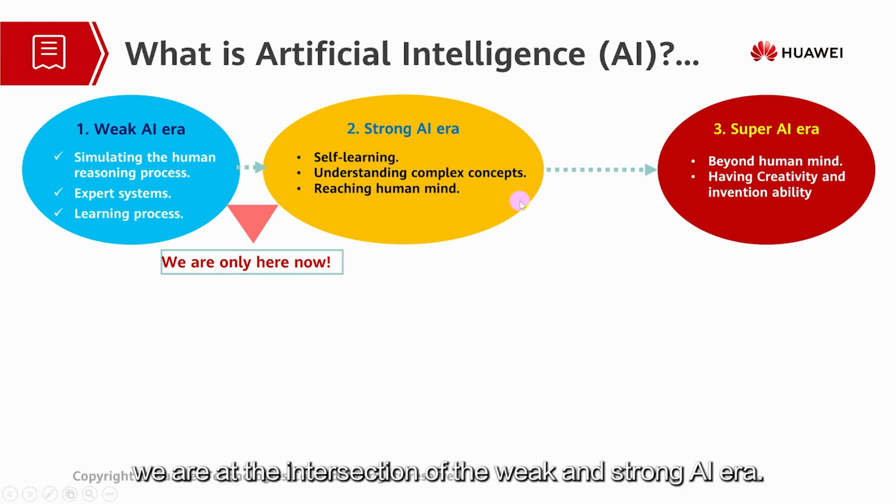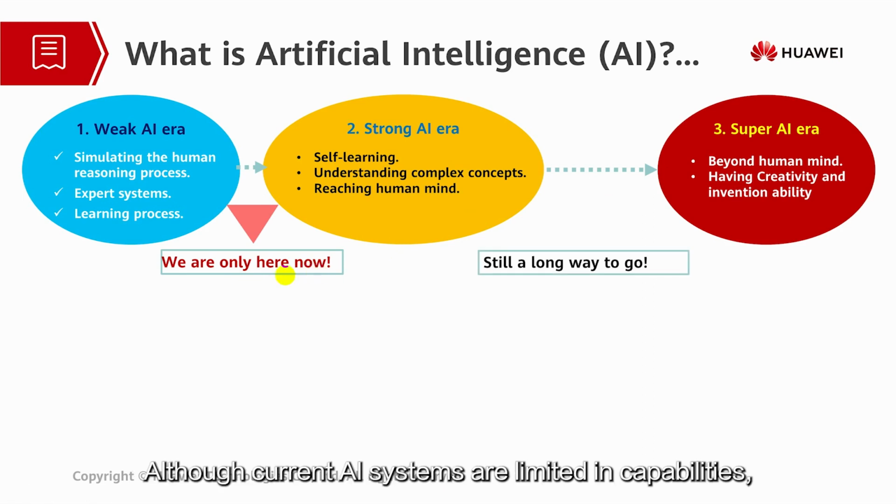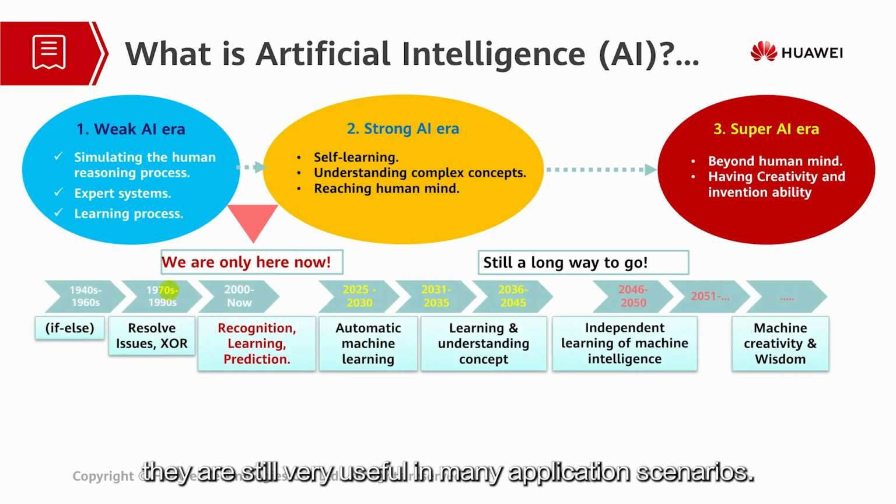Right now, we are at the intersection of the weak and strong AI era. Although current AI systems are limited in capabilities, they are still very useful in many application scenarios.